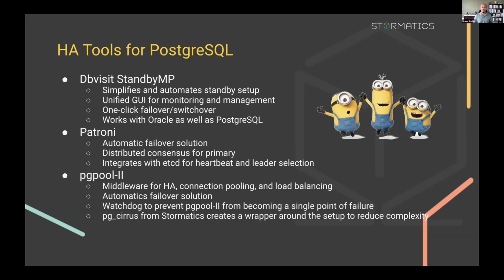And it also has automated failover. And we have a tool by the name of pgcirrus that is designed and distributed by Stormatics that creates a wrapper around pgpool to help simplify the setup of a Postgres cluster using pgpool2.